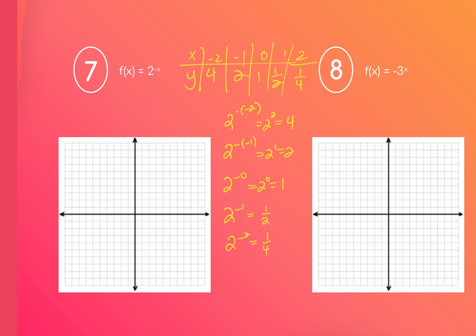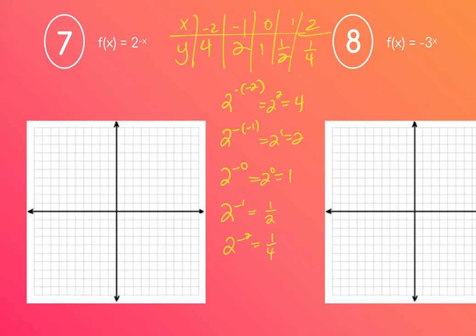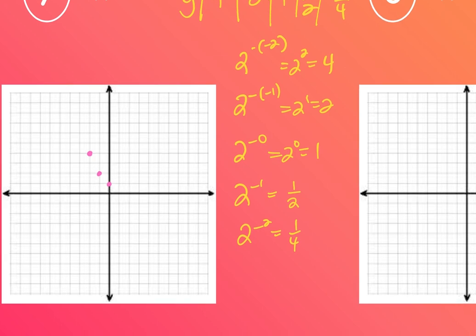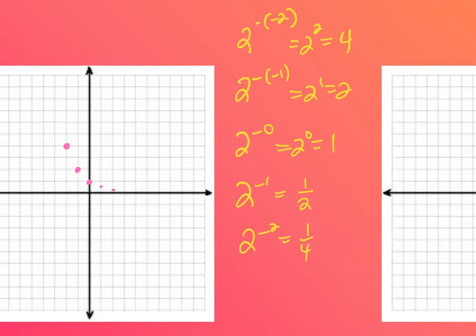So it made it a fraction. Okay, -2, 4; -1, 2; 0, 1; 1, 1/2; and 2, 1/4.